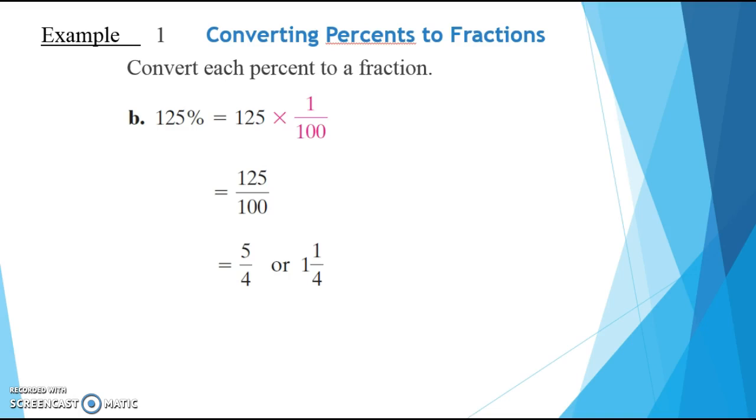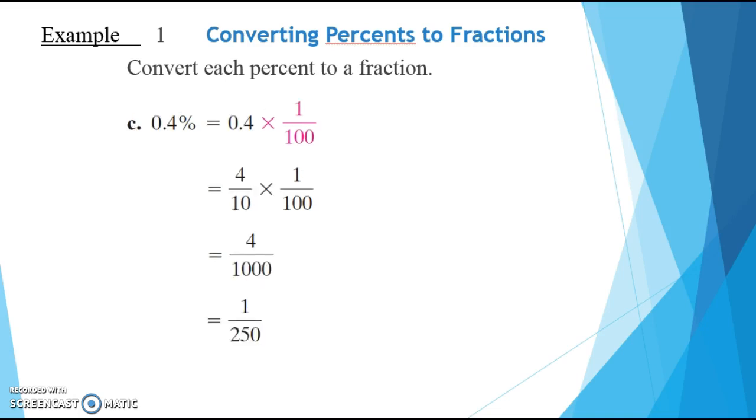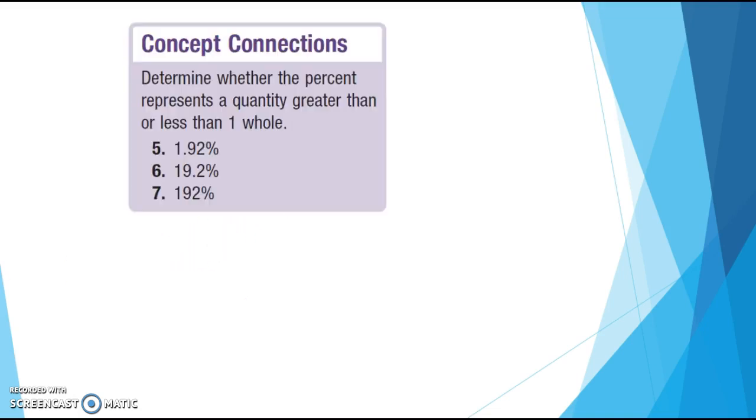So a whole number plus some. Here's another example. We have 0.4%. So again, we put it over 100. So notice they changed 0.4 to a fraction, and then they multiplied it by the fraction 1 over 100. You can just do 0.4 over 100 and then reduce, and you'll get the same answer.